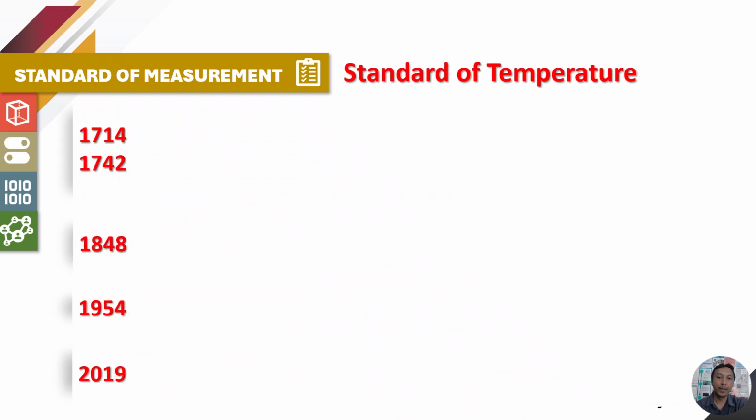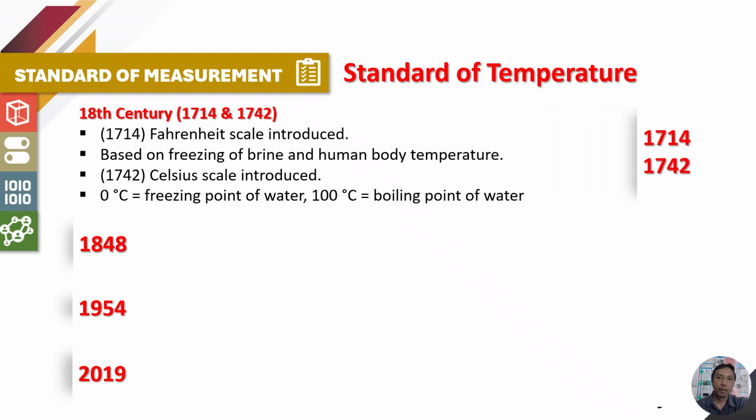Standard of temperature. The temperature scale has evolved over time to become more accurate and universal. In the 18th century, two important scales were introduced. The Fahrenheit scale in 1714, based on the freezing of brine and human body temperature, and the Celsius scale in 1742, where 0 degrees is the freezing point of water and 100 degrees is the boiling point.